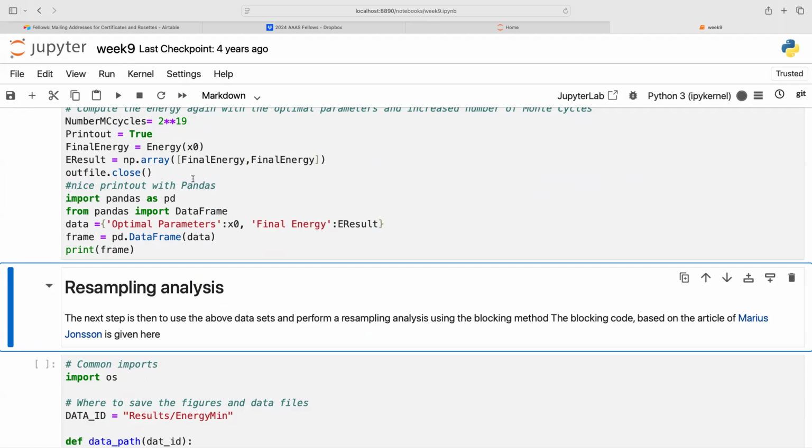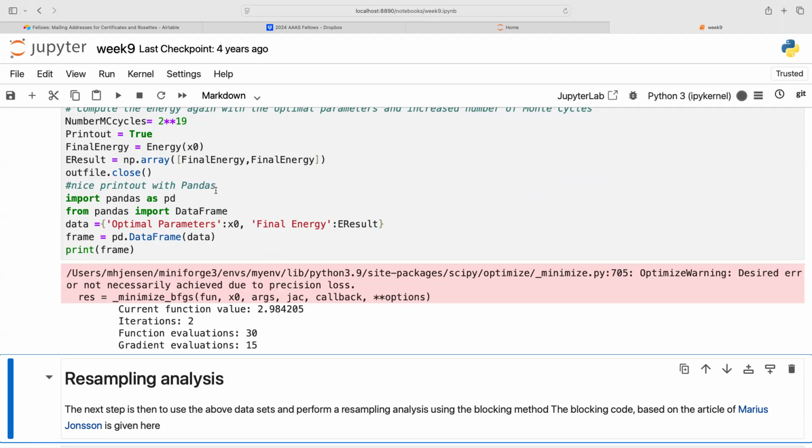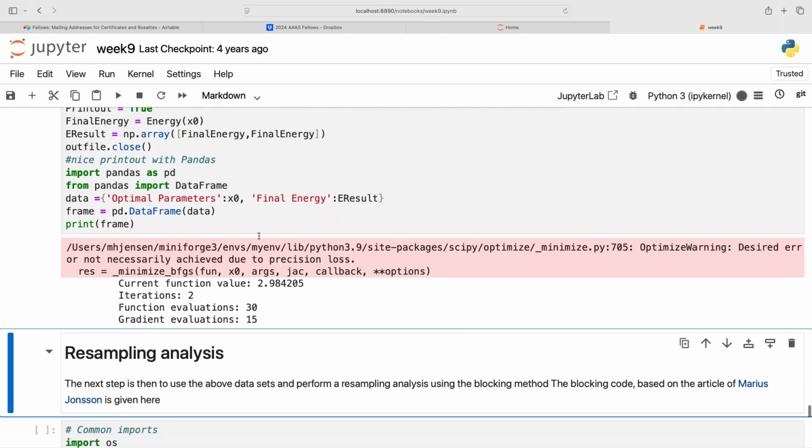And then when you have run that one and found the energies with the production run, then you can do the final resampling analysis afterwards. So this is my final analysis. After it has done that, it used 2 iterations to find the optimal values.